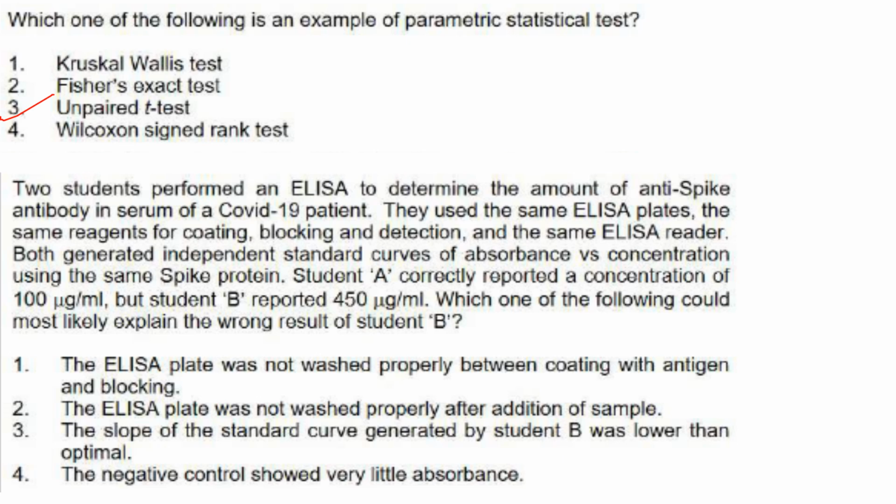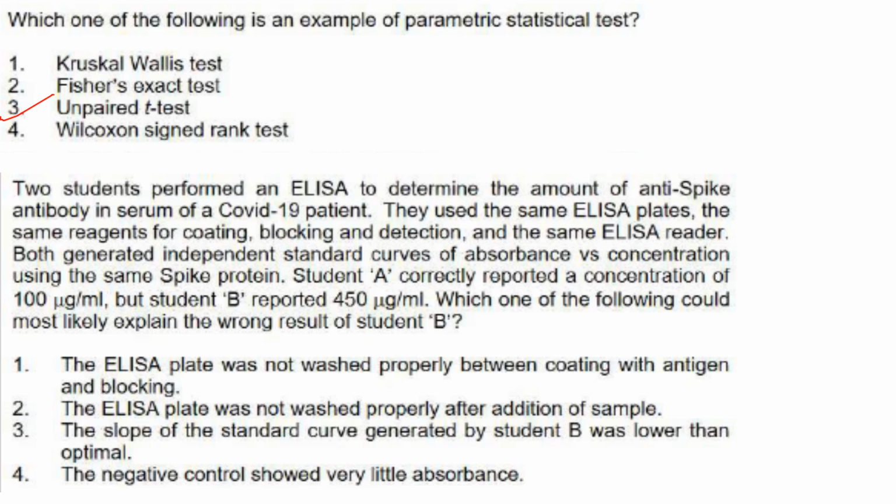Student A correctly reported the concentration of 100 microgram per ml, but student B reported 450 microgram per ml. So student B has got more concentration than student A, and student A is correct. It is already said in the question. So student B is wrong. Which one of the following could most likely explain the wrong result of student B?